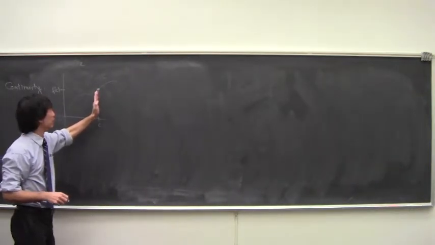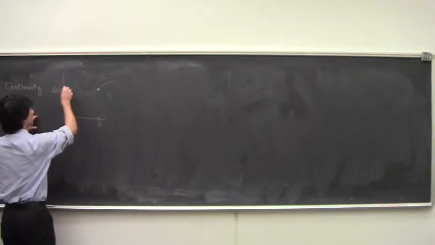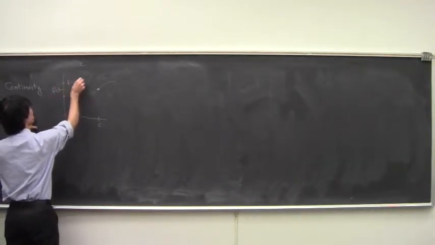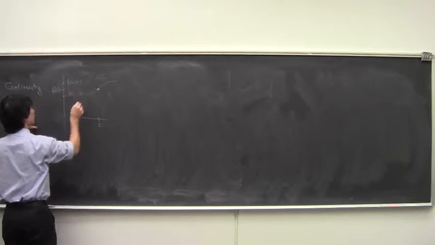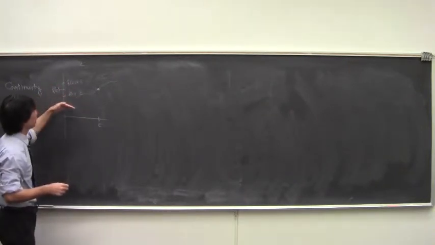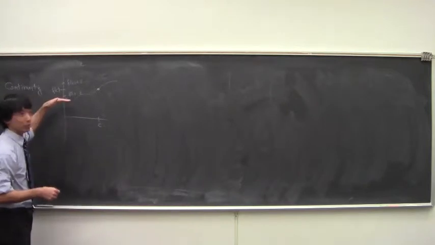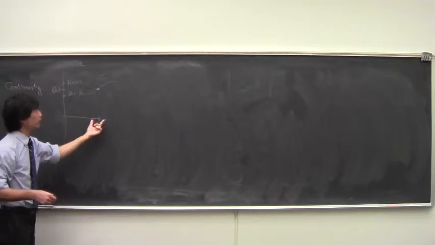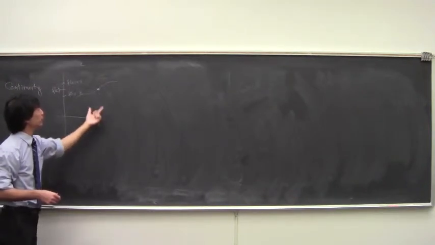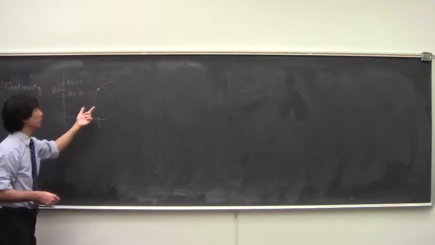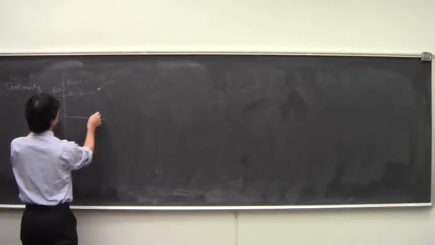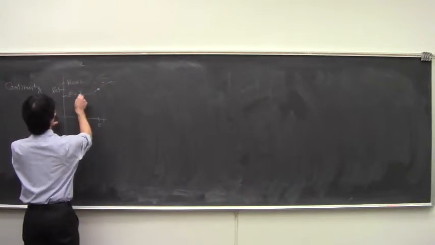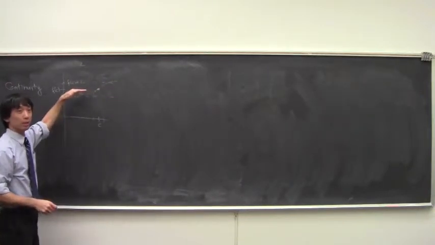And what this means is that if somebody wants you to stay between here and here, I can find a neighborhood of C in which that happens, right? Look, if I choose this neighborhood, everybody in here stays between the bars, right?